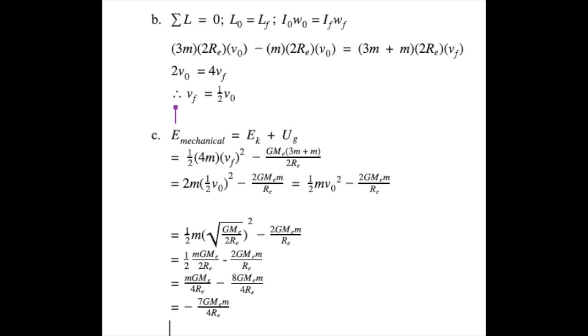So now all we need to do is sub in a value for v0 in order to get the expression in terms of G, m, m sub e, and r sub e as the question asked. So to do that, all we need to do is substitute the value for the v orbital, since that is the same as v0, and then just do a few quick calculations in order to get negative 7 G m sub e m over 4 times r sub e.